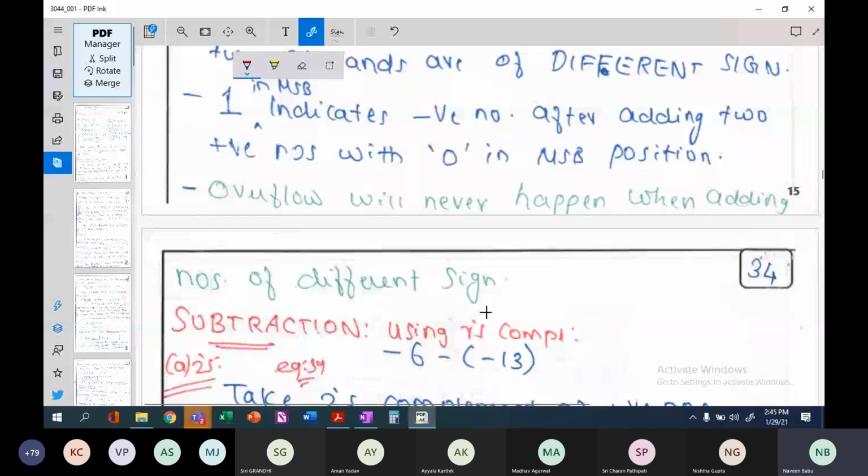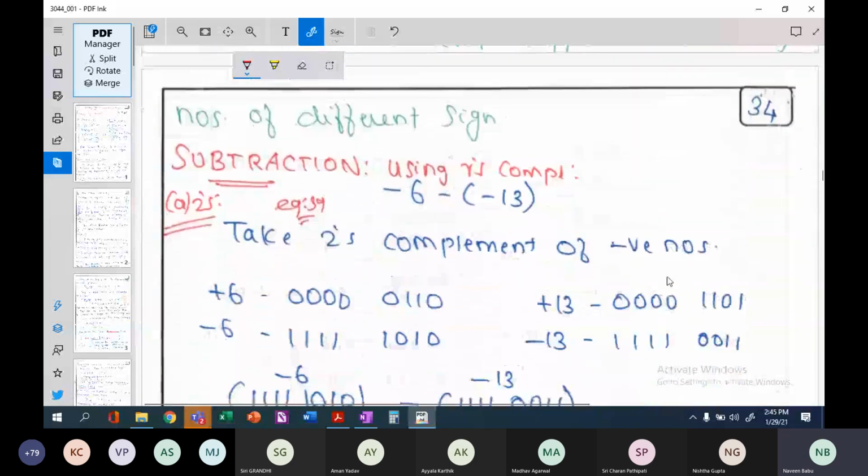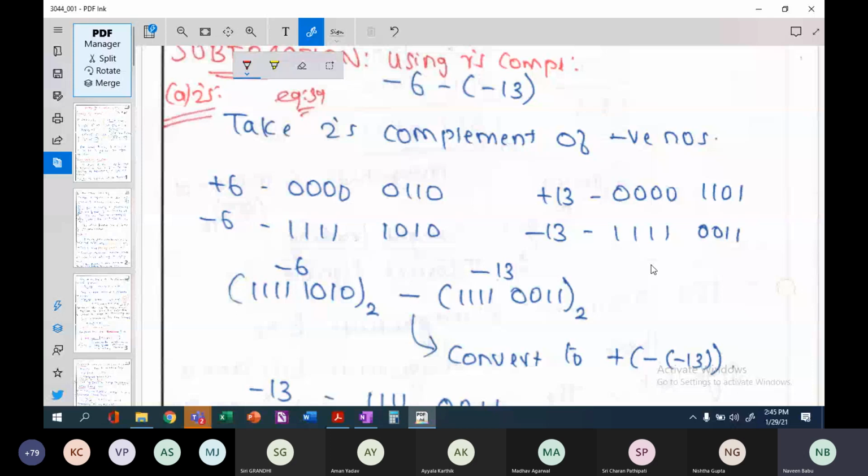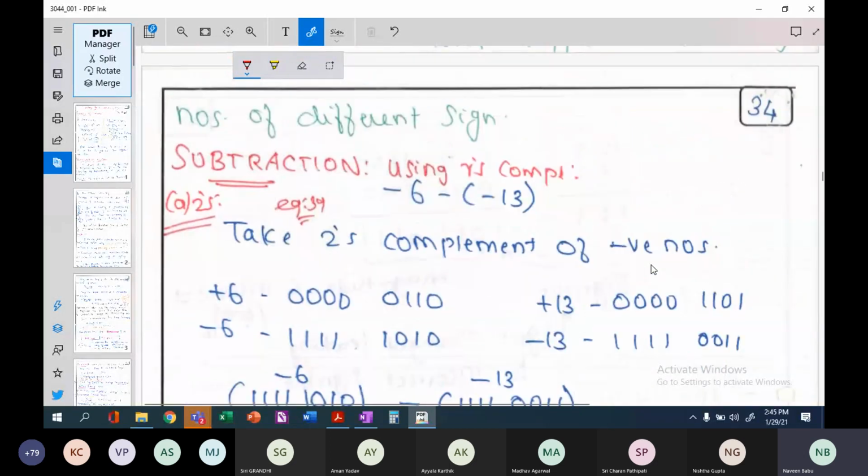Okay, so now let us do the subtraction part. Here maybe you will understand. If you want to subtract minus 6 minus of minus 13, how do you perform this subtraction? Obviously, we are going to perform these subtractions using the complement form.